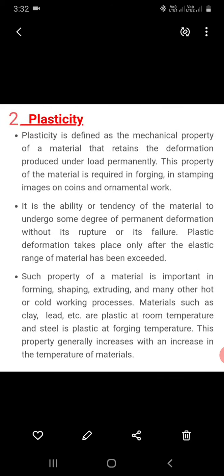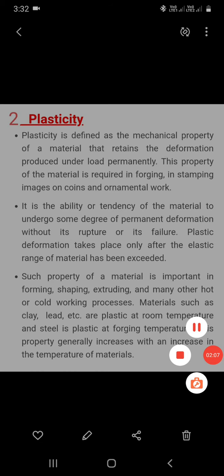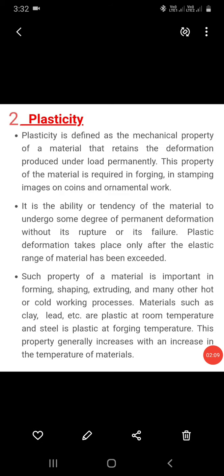Next comes plasticity. The second mechanical property is plasticity. Plasticity is exactly the opposite of elasticity. It is defined as the mechanical property of a material that retains the deformation produced under load permanently. This property is required in forging, stamping, images or coins or ornament work.